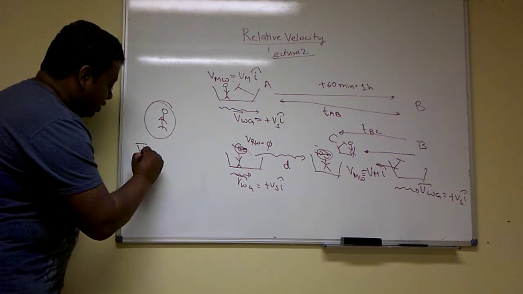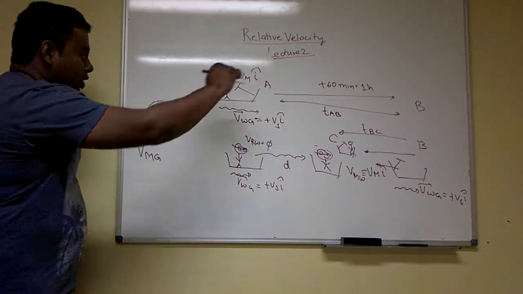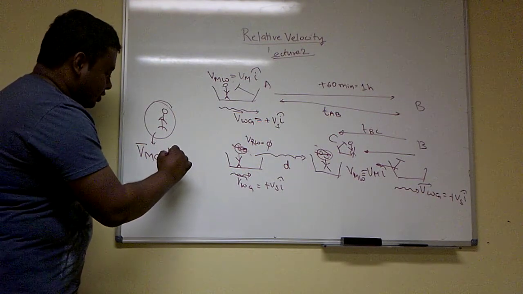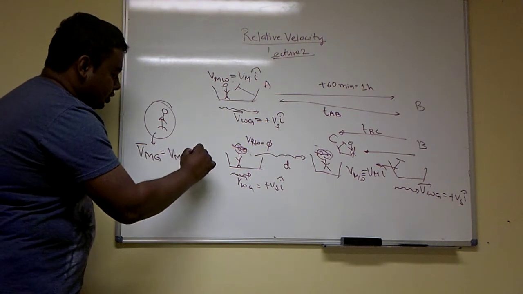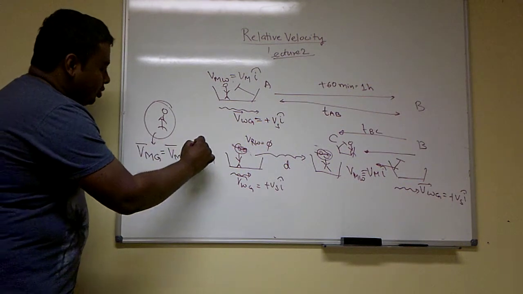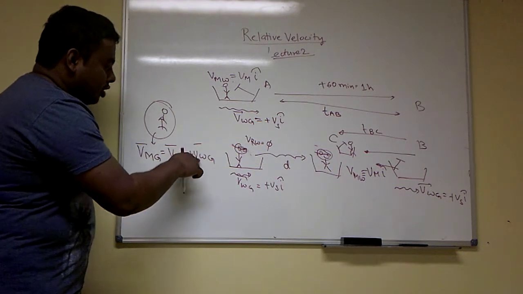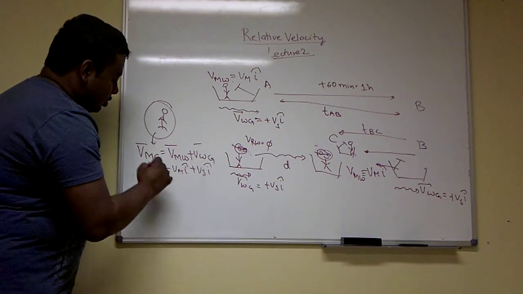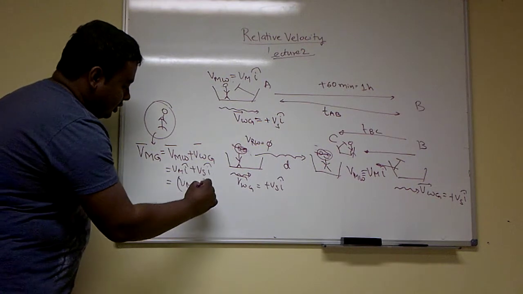So velocity of motorboat with respect to ground when it is downstream can be written as velocity of motorboat with respect to water plus velocity of water with respect to ground, right? Velocity of motorboat with respect to water is Vm i cap, and the velocity of water with respect to ground is Vs i cap. So velocity of motorboat with respect to ground becomes (Vm plus Vs) i cap.